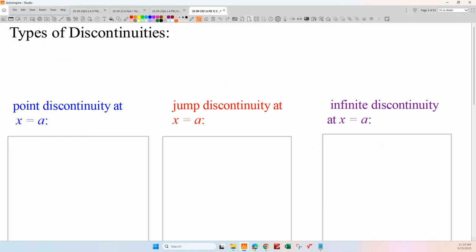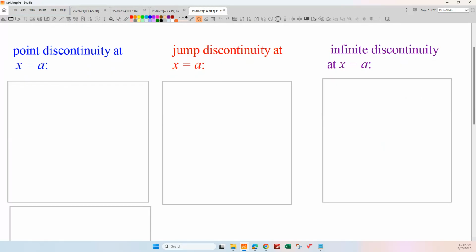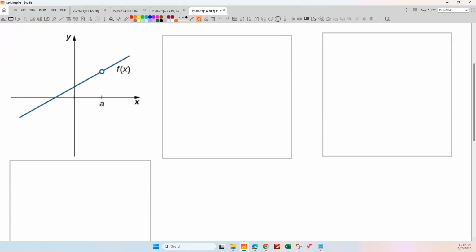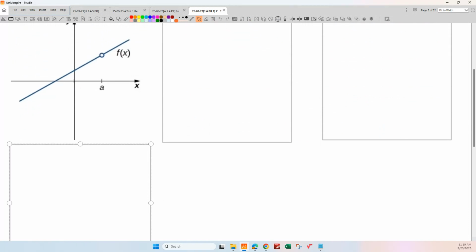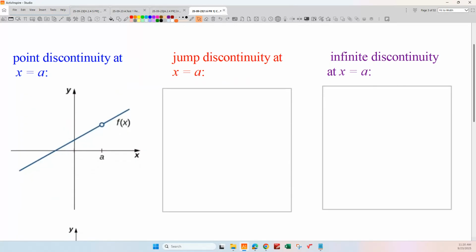So we can talk about types of discontinuities. A point discontinuity means there's just one point that's out of place. So here are some examples of point discontinuities. That's a point discontinuity, right? It's discontinuous at one point. Here it's discontinuous at a single point, right? What do you think a jump discontinuity is?